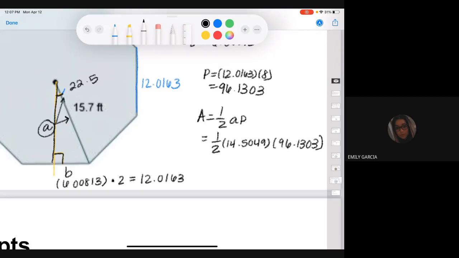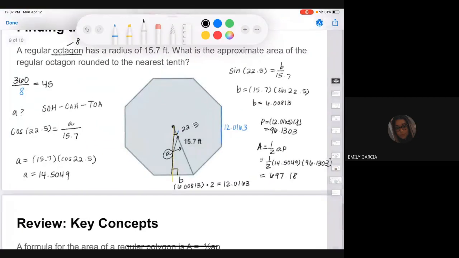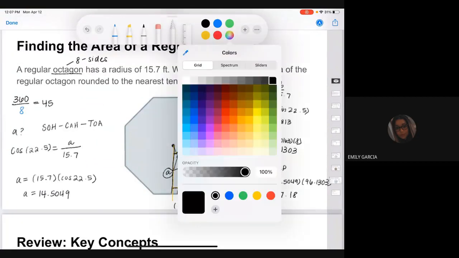One second. And that is equal to 697.18.